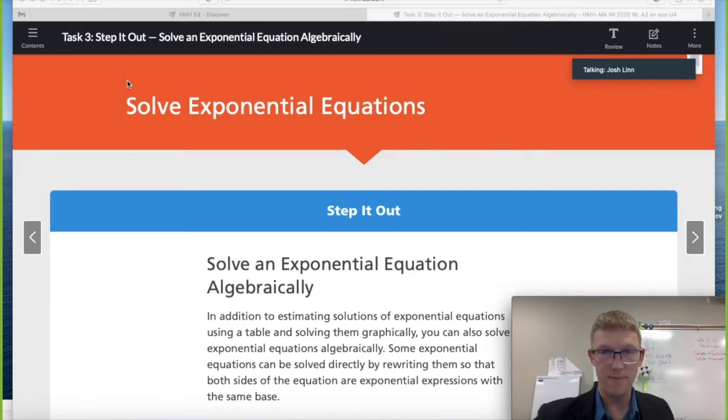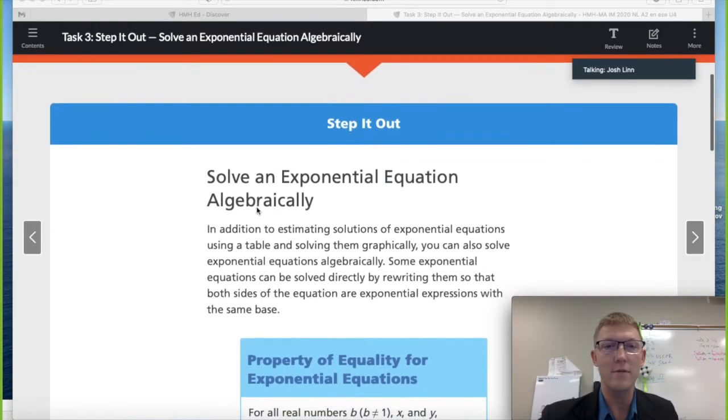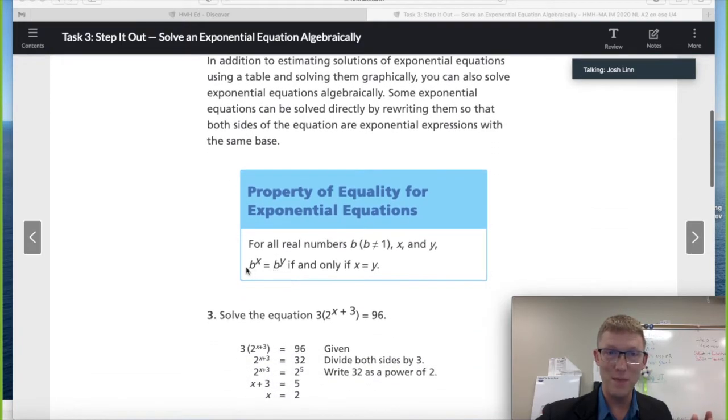My all-time favorite way of solving exponential equations is, of course, algebra, because I'm an algebra teacher. So our third way is solving these exponential equations algebraically. Basically, you're trying to get both sides of the equation to be the same base raised to a power.